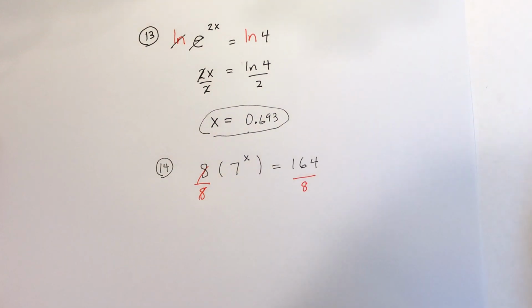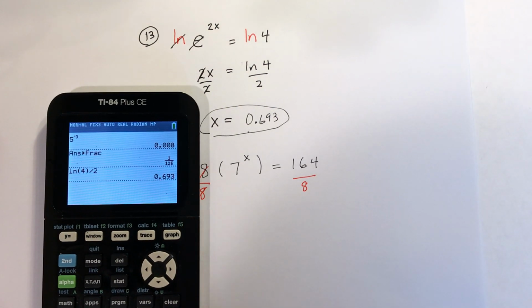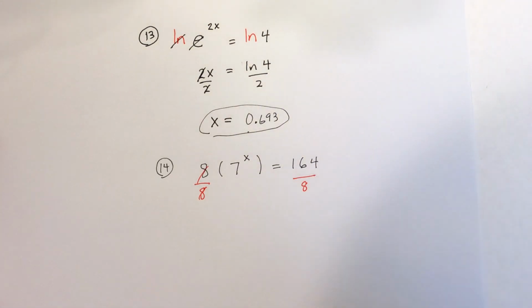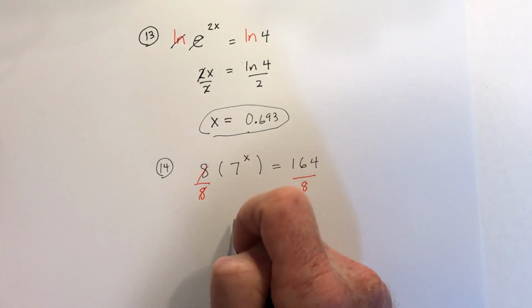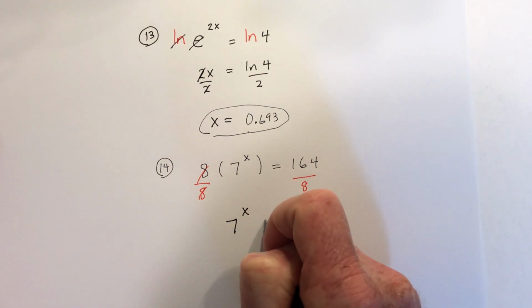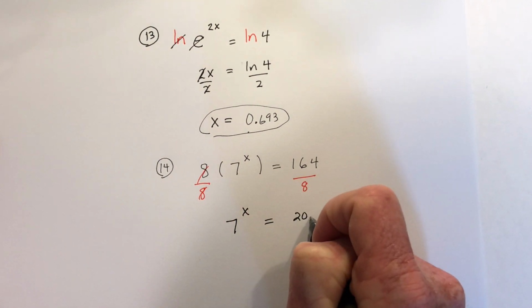And I'm sure that some people can just do that in their head, but I'm going to use a calculator since I paid for it. It equals 20.5 on the right side. So then we have 7 to the x equals 20.5.